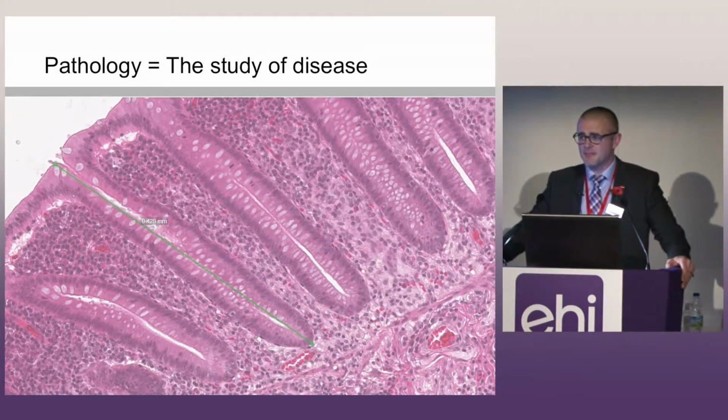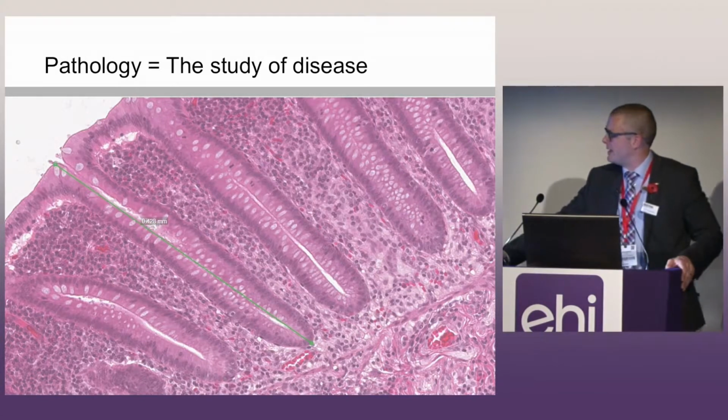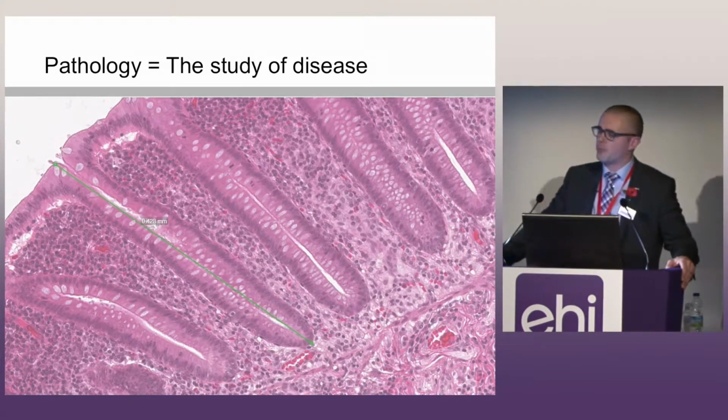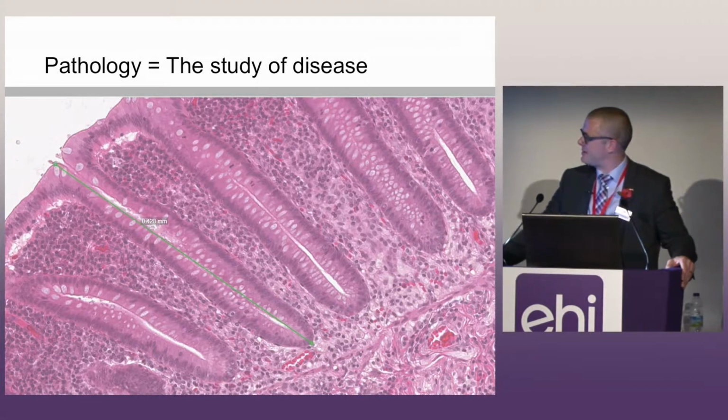For those that are keen of eye in the audience, you'll be able to see there's a green line on that slide, and it measures 0.4 millimeters. That really gives you a scale of the footprint of the data set that we're looking at here. This is, especially when you bear in mind that this is just one small part of one individual slide.